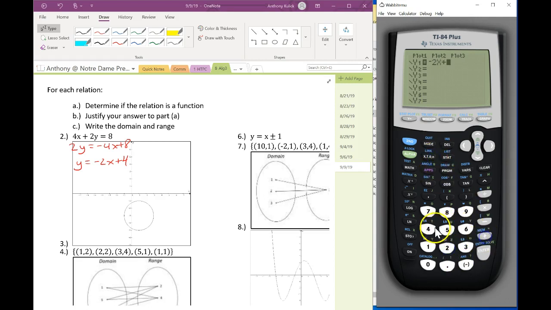That should be a function. But if you didn't, that's fine. We'll just type that equation into our calculator. So I did negative 2x plus 4, and then just did zoom standard. And we get this nice diagonal line, which definitely passes a vertical line test. Everybody agree that this is a function?